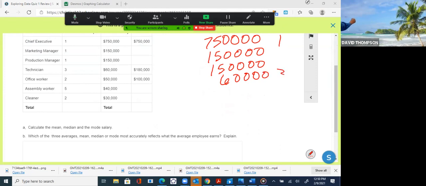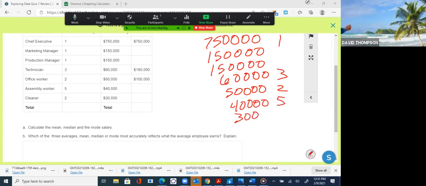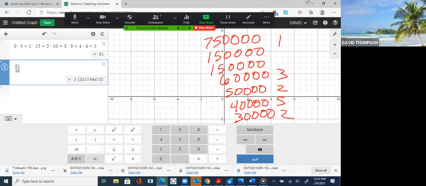So I'm going to write that down 3 times. 50,000, there's 2 of those guys. There's 40,000, there's 5 of those, and then there's 30,000, and there's 2 of those. And now we're going to switch to Desmos.